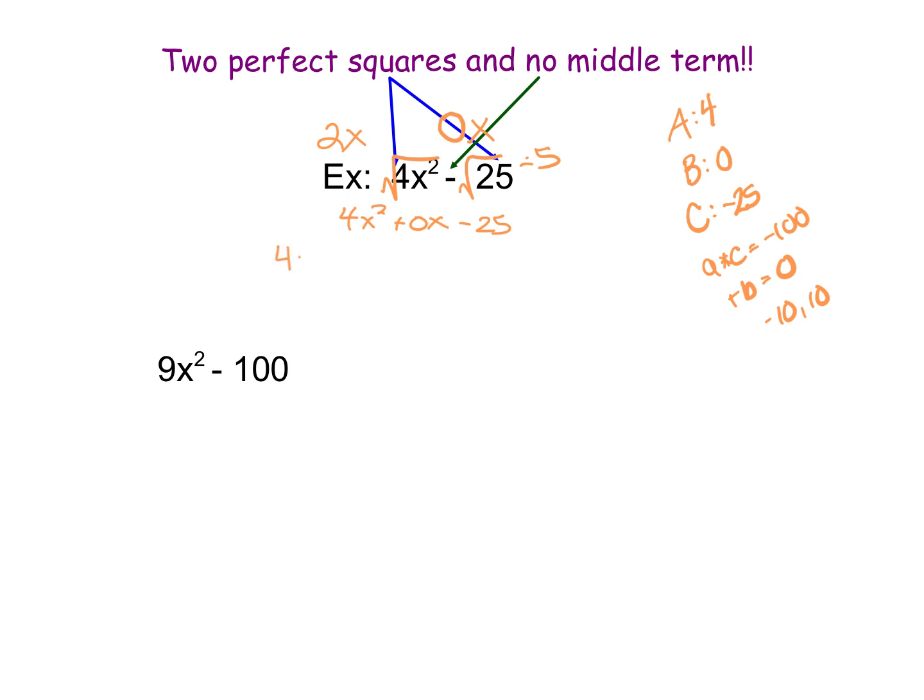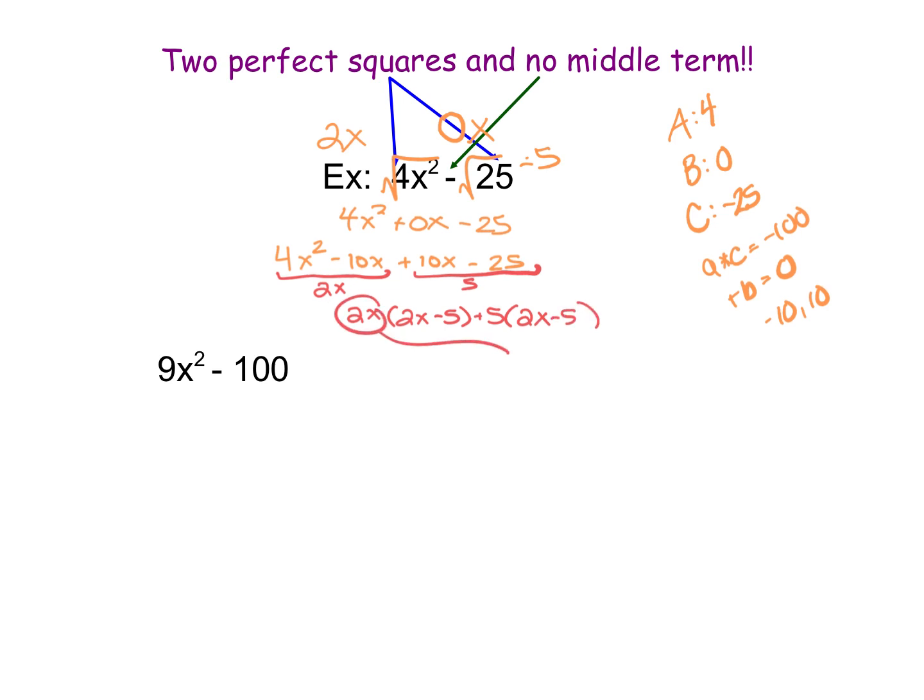So if we rewrite this as 4x squared minus 10x plus 10x minus 25, and we start to factor by finding our greatest common factors, this would still be a 2x, so we have 2x, and then it becomes 2x minus 5. Here, we need to factor out a positive 5, and we get 2x minus 5.